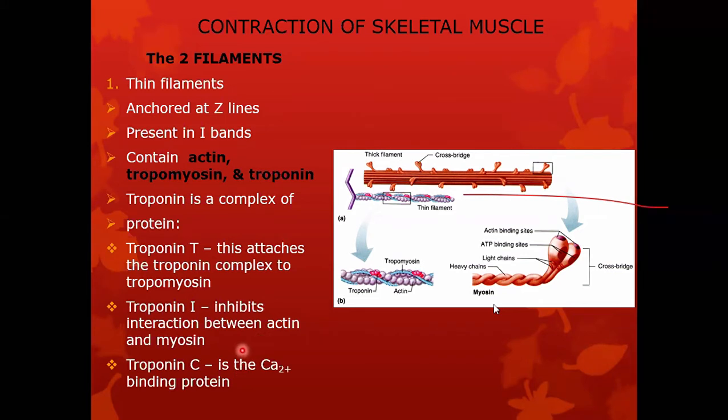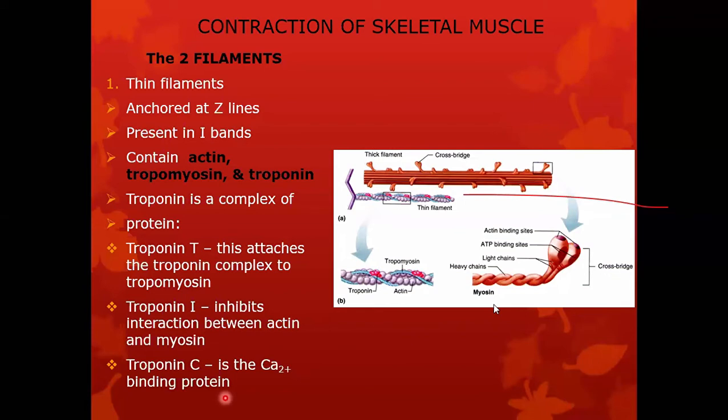Once the calcium binds to the troponin, this will activate troponin T, and once it attaches to the tropomyosin, it will uncover the actin binding sites, so that the head of myosin can attach.